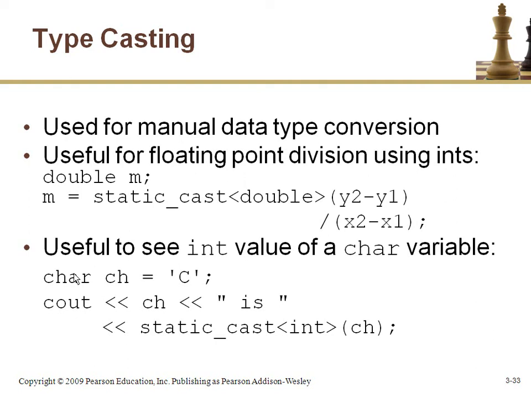We have a variable ch of type char, which has the initial value of capital C, and we are outputting ch, which is capital C, and the string " is ", and then we are also outputting the result of a static cast of int over the ch variable. This will return the integer value of capital C in the ASCII collection of characters.